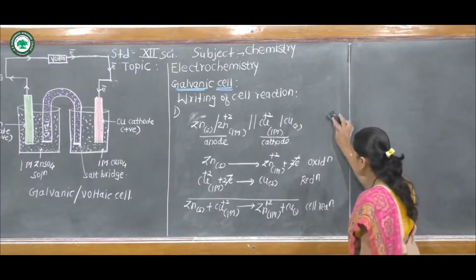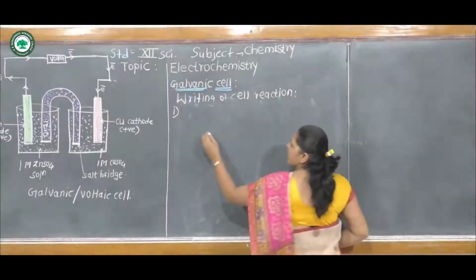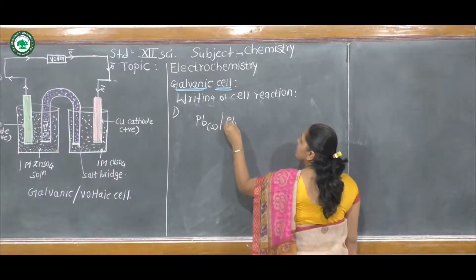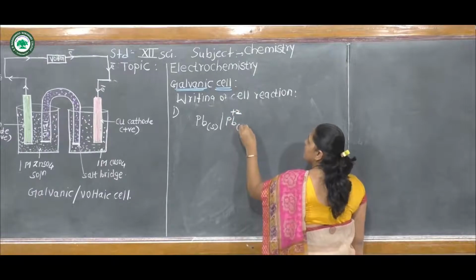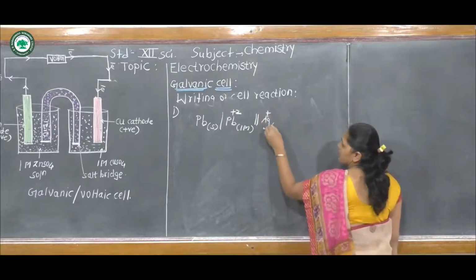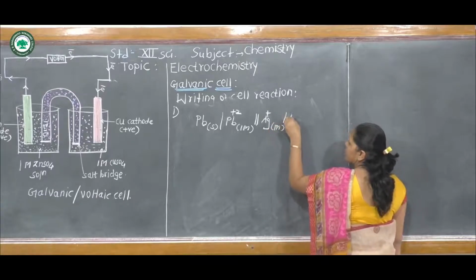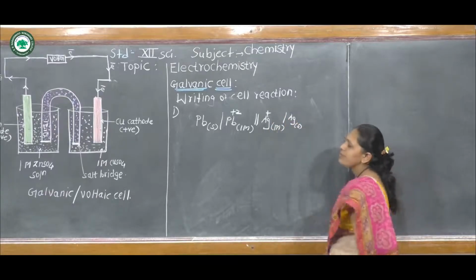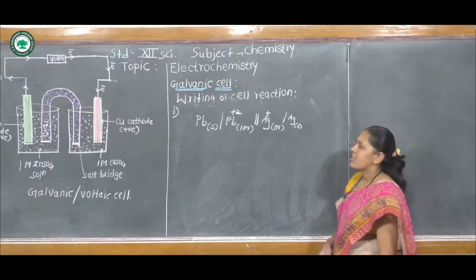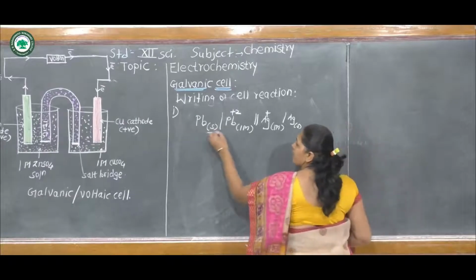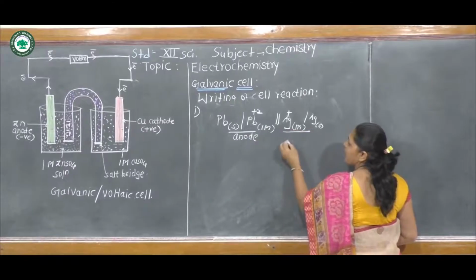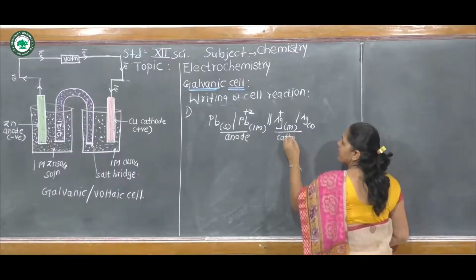Then second example, consider cell lead, lead plus 2 ions, double vertical line, and silver. For this cell we have to write cell reaction. We know that left hand electrode is anode, therefore lead electrode acts as an anode and silver electrode acts as a cathode.